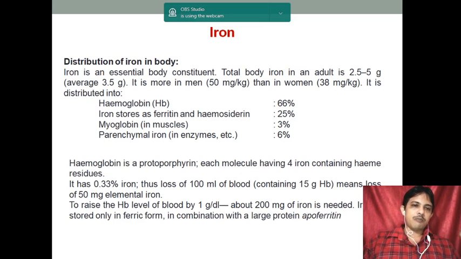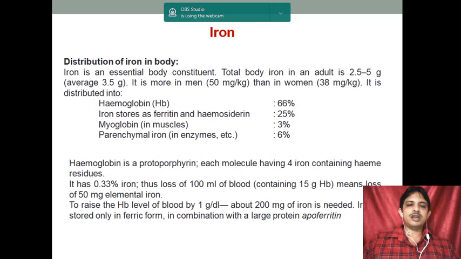Next is myoglobin in muscle: almost 3% of the iron is distributed as myoglobin. And the remaining 6% of the iron is present in parenchymal tissue and in enzymes.